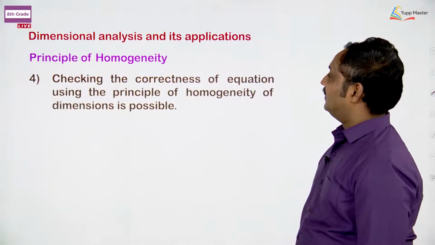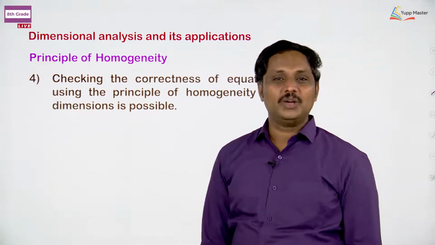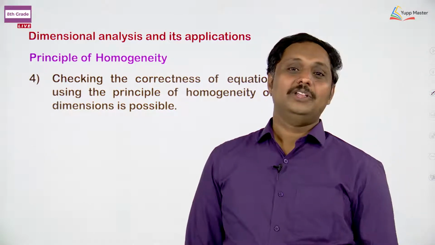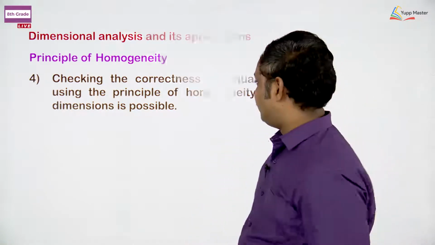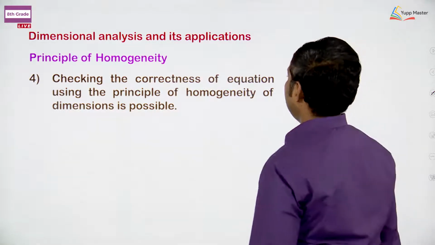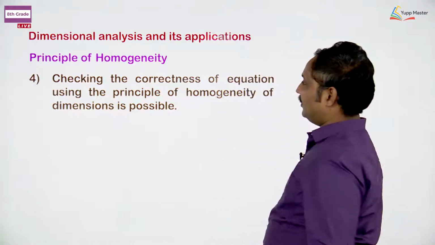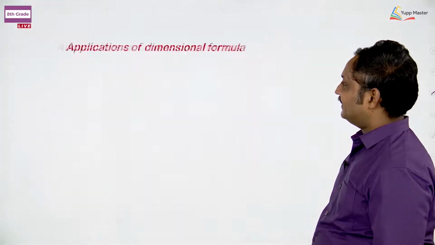Yes, you can check the correctness, whether they have the correct relation or not, if they have been expressed as a summation. Very clear. That is the principle of homogeneity of the dimension. Right, let's go for another one.